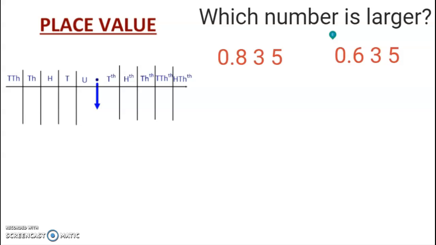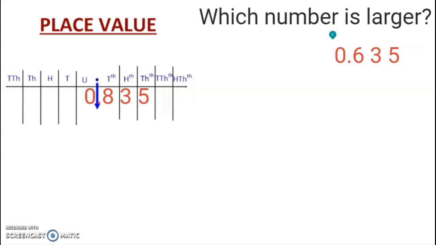Just looking at them, some of you might be able to tell me straight away which is bigger, but by placing them on the place value chart, I can easily see which is larger. 0.835 would go over here like this, with the decimal point under the decimal column, and then the 0 goes under the units, the 8 goes under the tenths, the 3 goes under the hundredths, and the 5 goes under the thousandths.